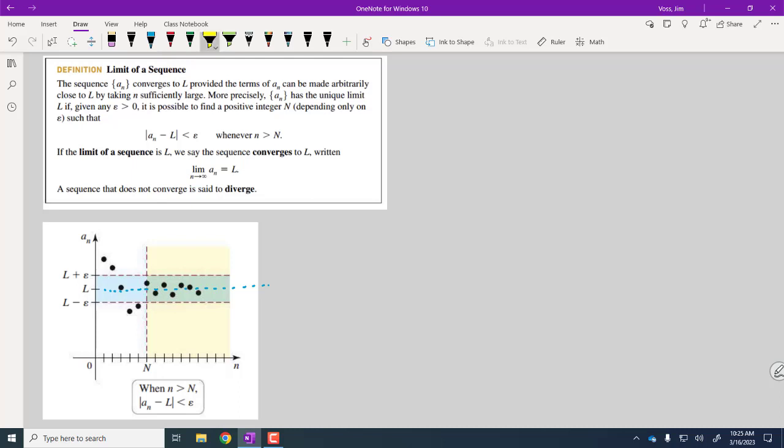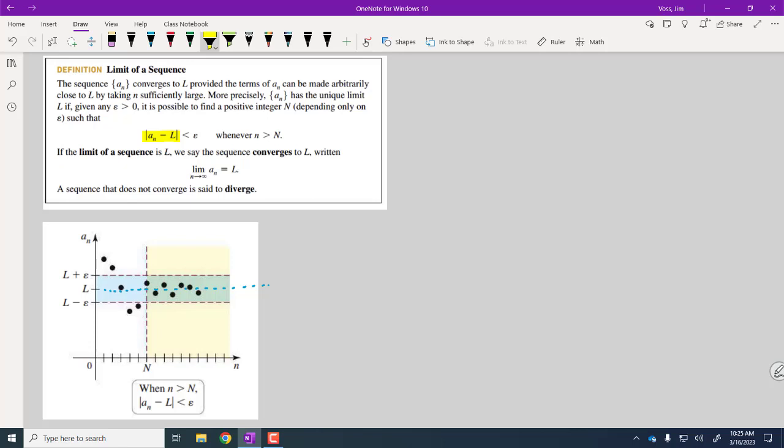And you should interpret this as the difference between the sequence value and the limit. So you can imagine it's just the distance between the point and, if the limit is going to be this blue line L, right there is just distance. It's the distance between the sequence value and the prospective limit.